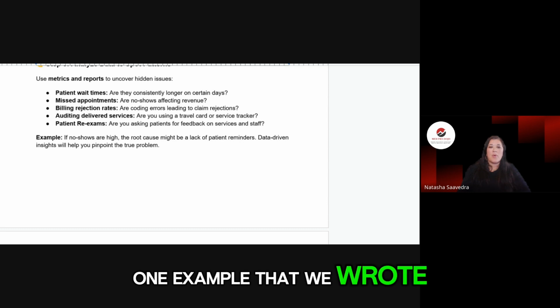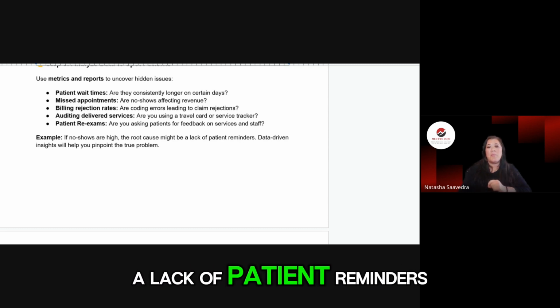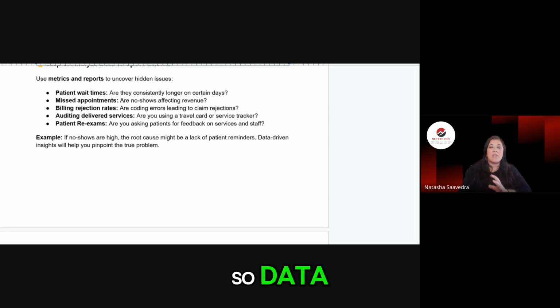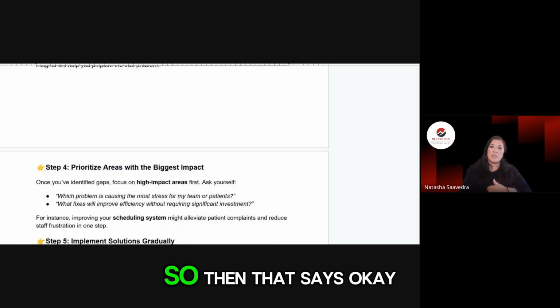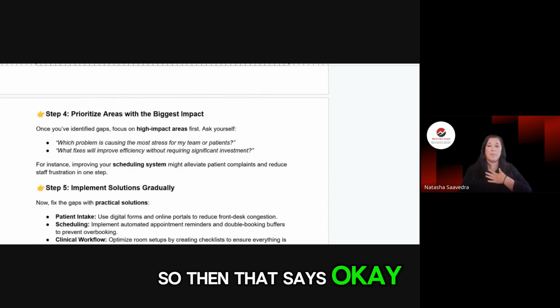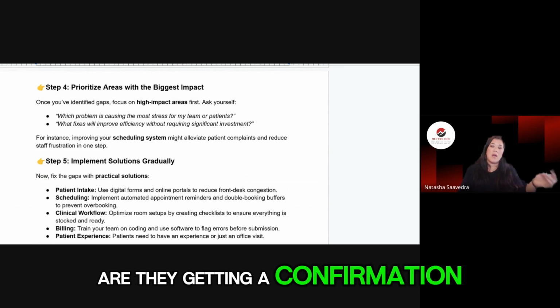One example that we wrote here: if no-shows are high, the root cause might be a lack of patient reminders. So data-driven insights help you to pinpoint a true problem. So then that says, okay, is that person getting a text message? When are they getting a text message? Are they getting a confirmation call?